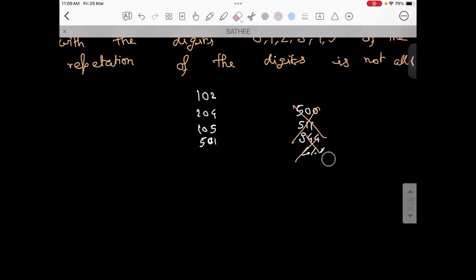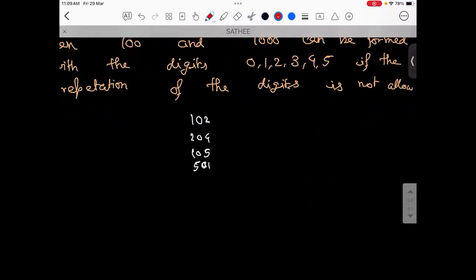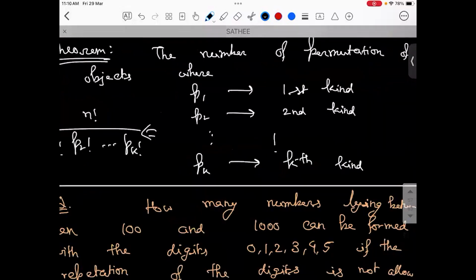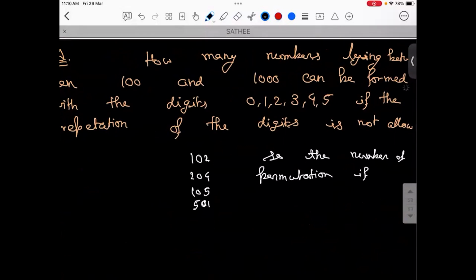Fine. Now the question is how many numbers I can then count. So we can take the help of permutation, right? So the number of permutations is nPr, so we should use the formula nPr. What is the n here?